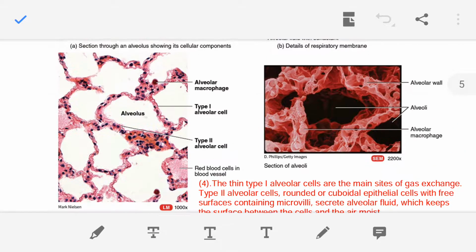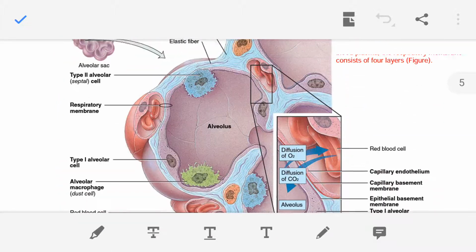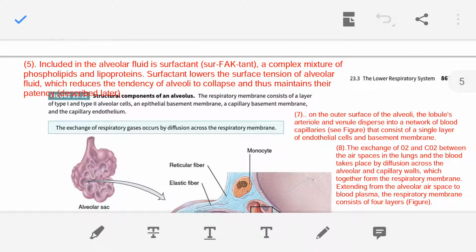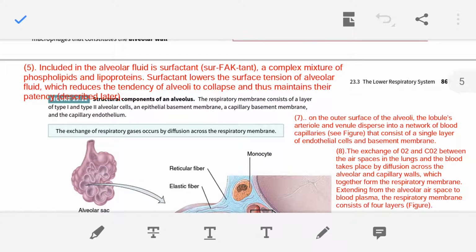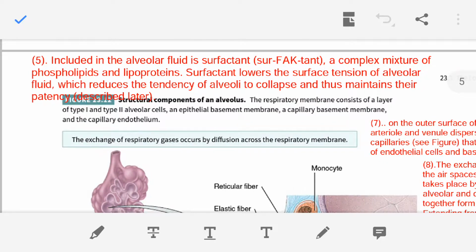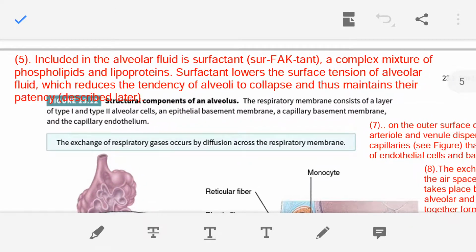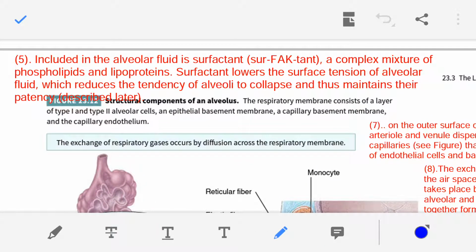Now moving on to the fifth point of our discussion. As we have learned in the fourth point about the alveolar fluid, this alveolar fluid includes surfactant. So surfactant is present in alveolar fluid, and what is this surfactant?